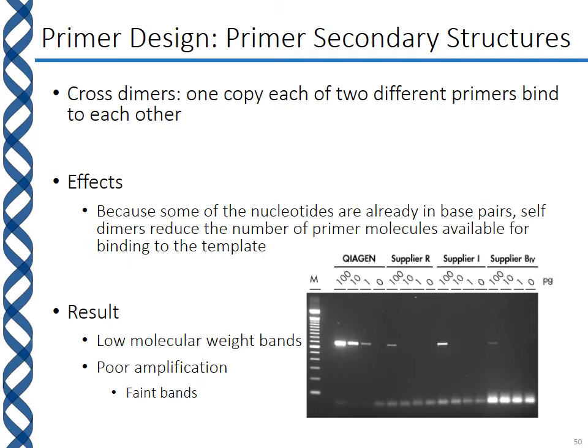So the manifestations and effects of this are essentially the same as we saw with the self-dimers. Low molecular weight primer dimer bands at the bottom of your gel, and poor amplification of your desired products.